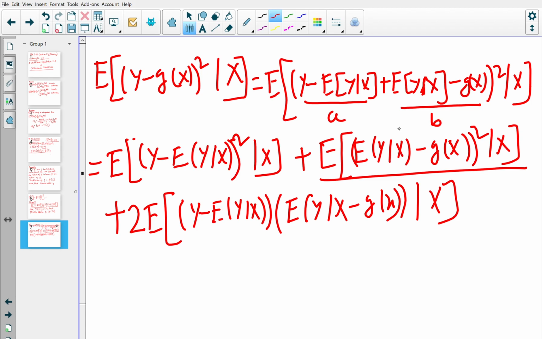Now in the second term, you have the expectation of y given x, which is a function of x, and g(x), a function of x, whole square, given x. So this works as a constant, as property 2, so we don't care about this portion.